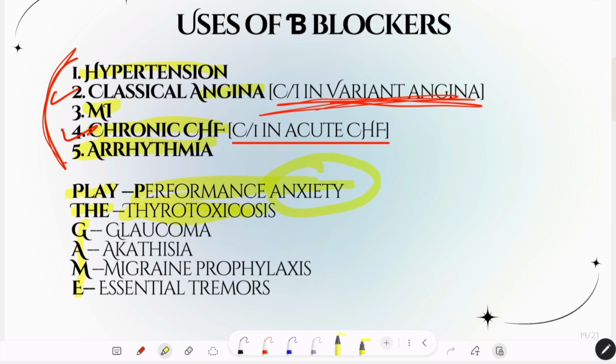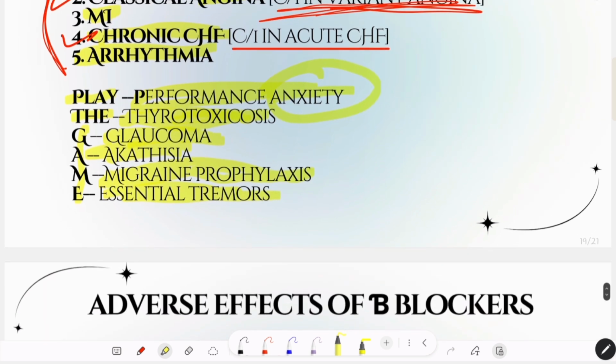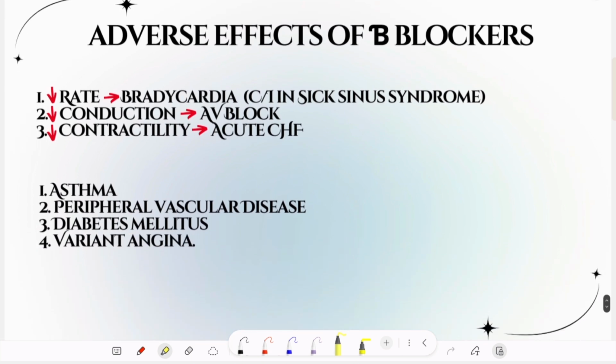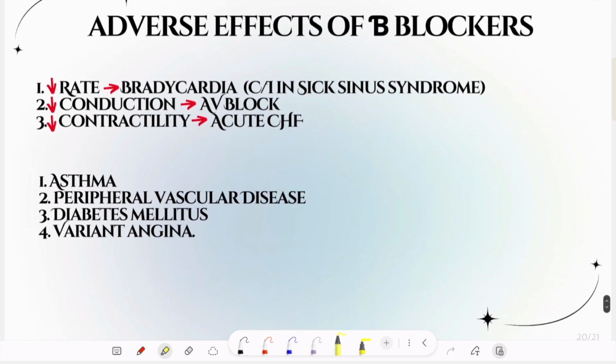We can use beta blocker in glaucoma, but we will avoid the drug having membrane stabilizing activity in glaucoma. Beta blockers can also be used in akathisia. Beta blockers can also be used in migraine prophylaxis. Beta blockers can also be used in essential tremors.